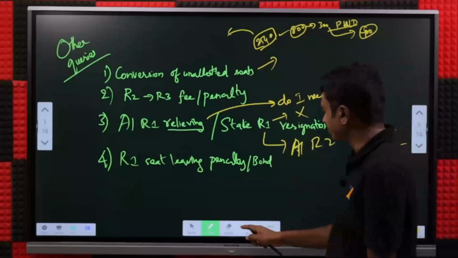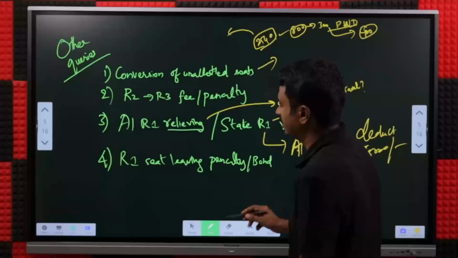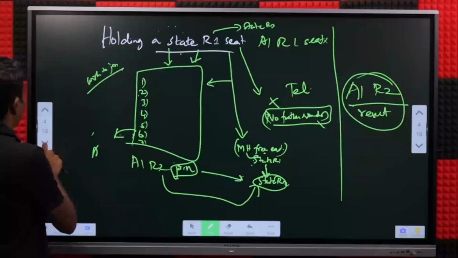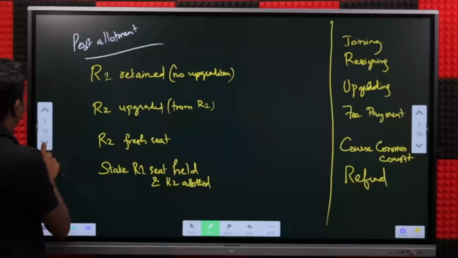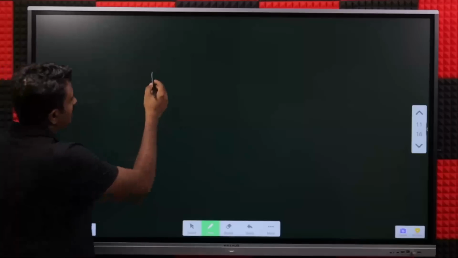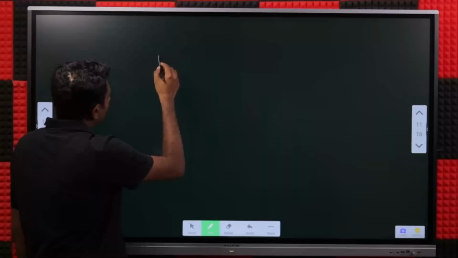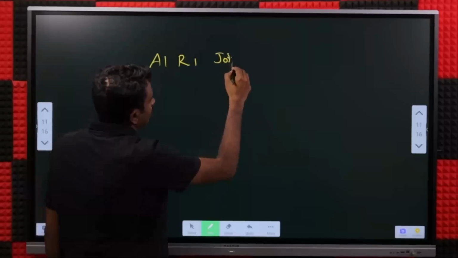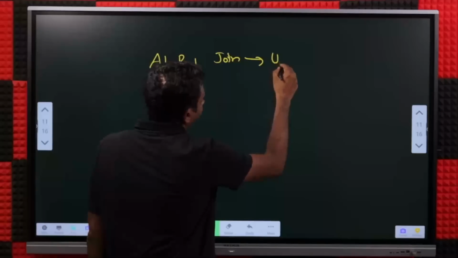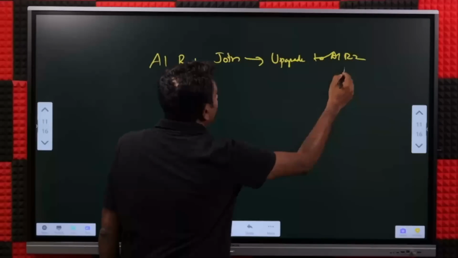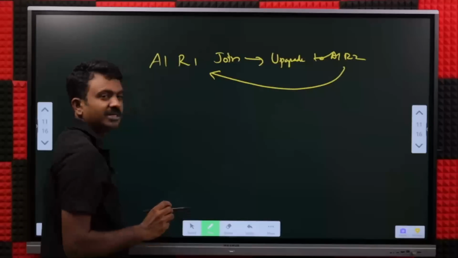And one additional query that we will sort out here, there is a specific confusion on this part. All India Round 1, if I join and upgrade to All India Round 2, will I have to go back to the All India Round 1 institute?